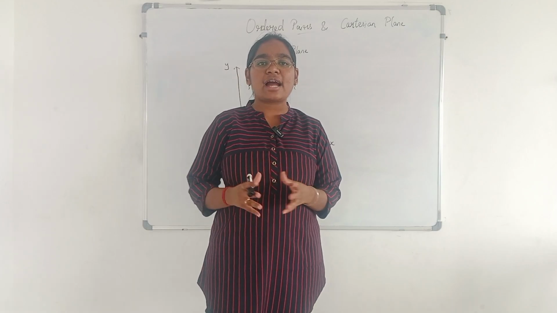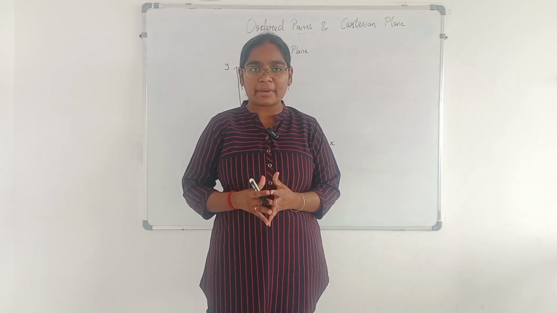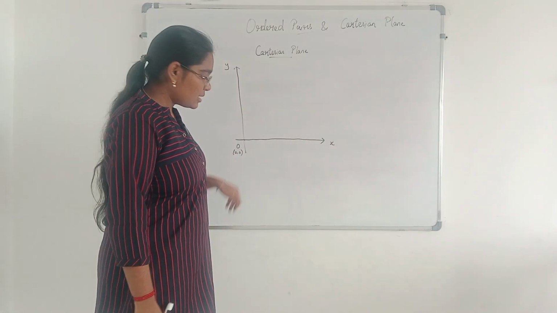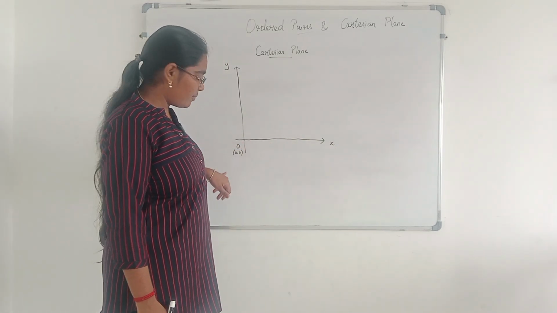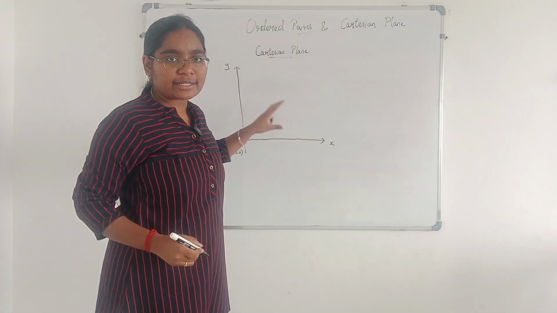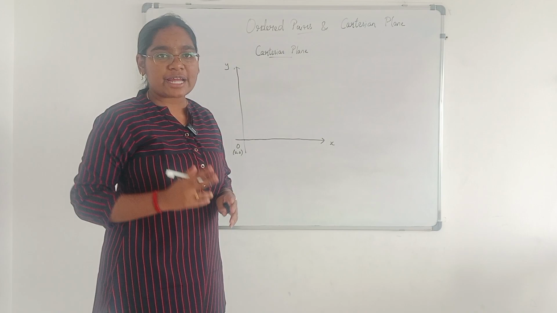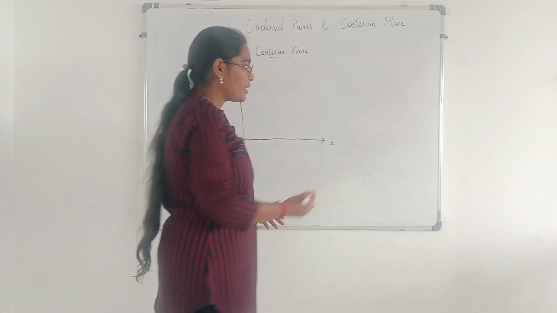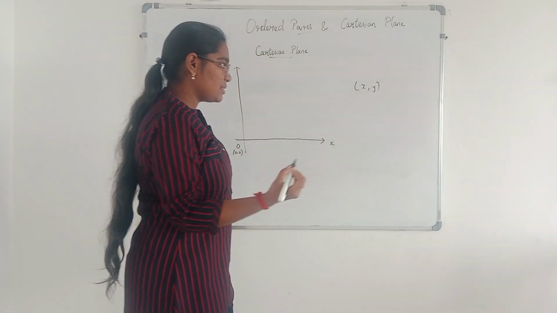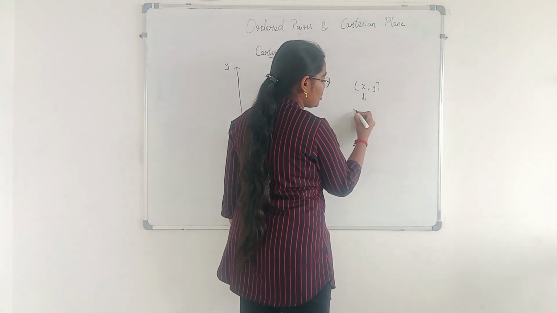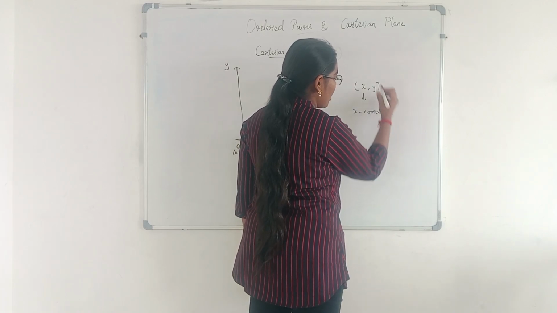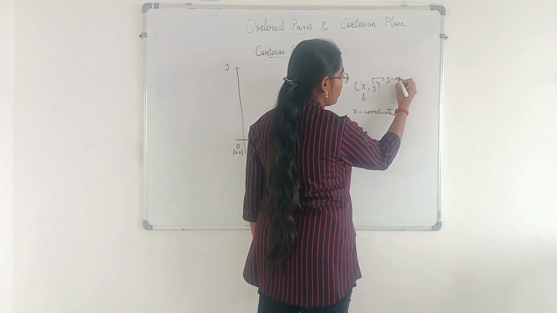Cartesian plane. This Cartesian plane is formed by the intersection of the x-axis and the y-axis. This is its origin. Usually the points in the Cartesian plane are two dimensional, so we represent them by the ordered pair x, y, where x is the first element, known as the x coordinate, and this is the y coordinate.